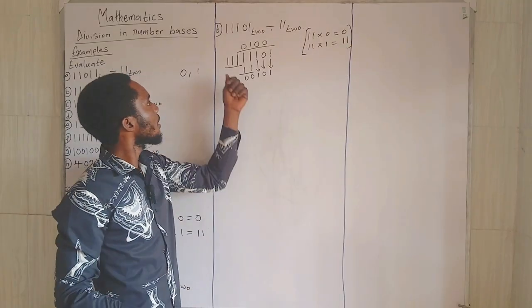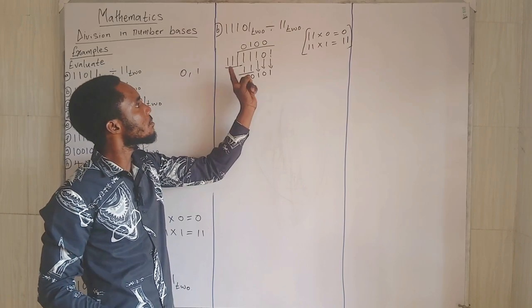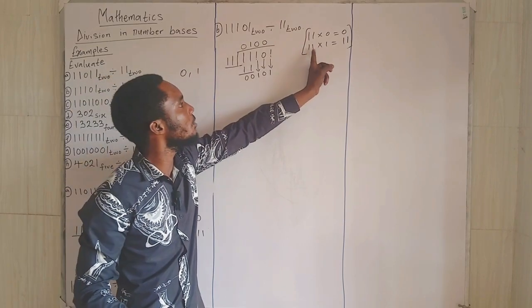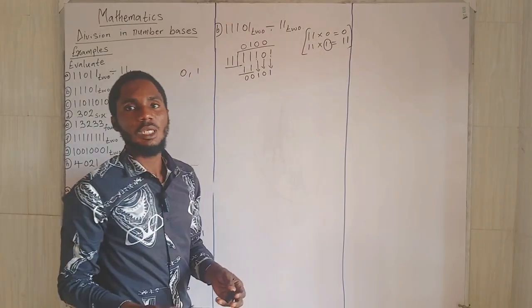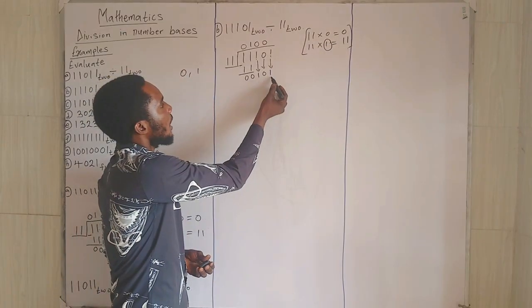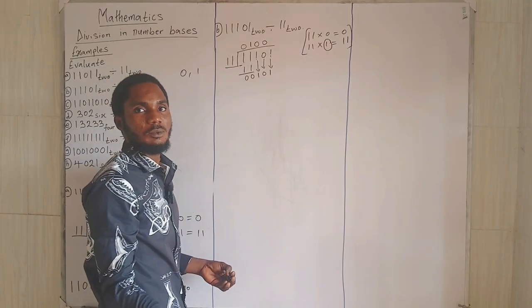That means that in 101, we are going to get just 1 11 there because we have 11 times 1, and that one gives us 11. That means 101 divided by 11 will give us 1, remainder something.